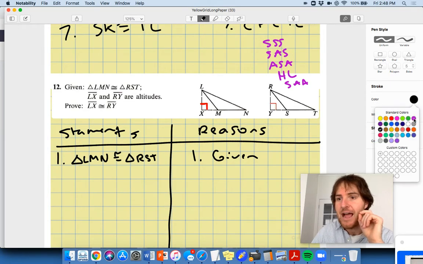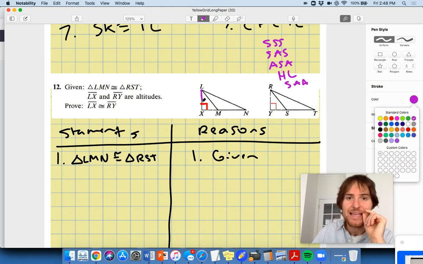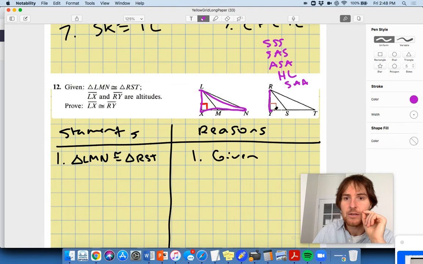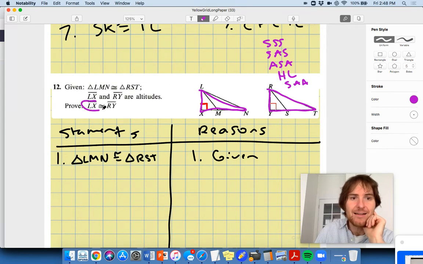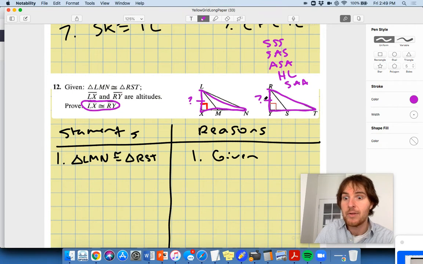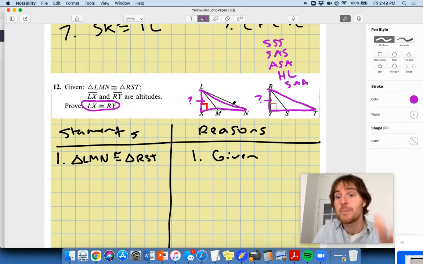If I outlined this and got that triangle congruent to that triangle, that would be a great thing, because ultimately we're trying to prove LX and RY are congruent. Are they congruent to one another? If we know that this thing in purple here is congruent to that other thing in purple, then through CPCTC, those two things would be congruent to one another.